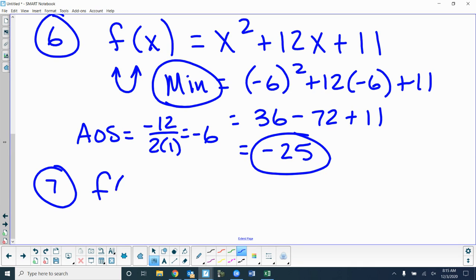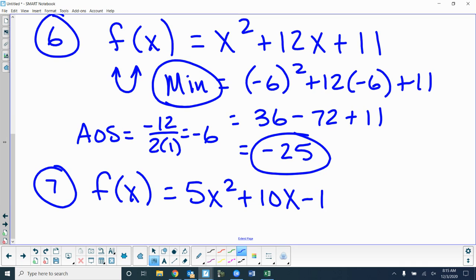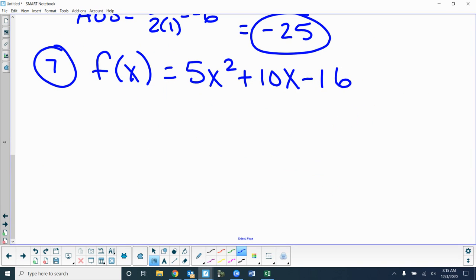Number 7, we got a 5x squared plus 10x minus 16. Austin, is this a min or a max? Good. Opens up, so it's a min. Okay, so find your axis of symmetry. How do I do that, Braden? Yeah, so what's negative b?